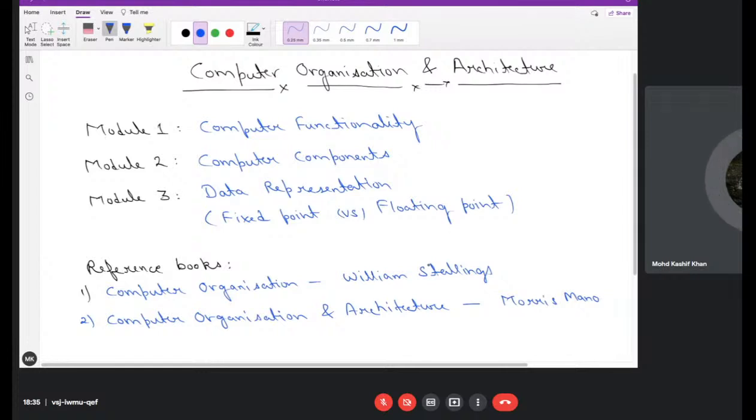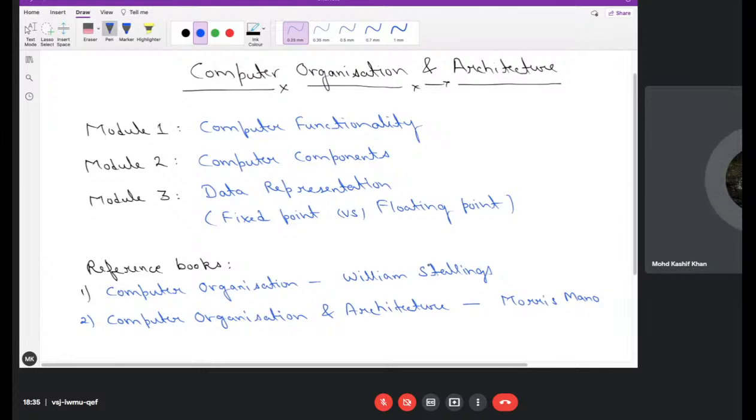So today we will start with some basic keywords, basic things about computer organization and architecture that we should know before going deep dive into this subject. Okay, first we should know few keywords. So today we will start the first module, the computer functionality.